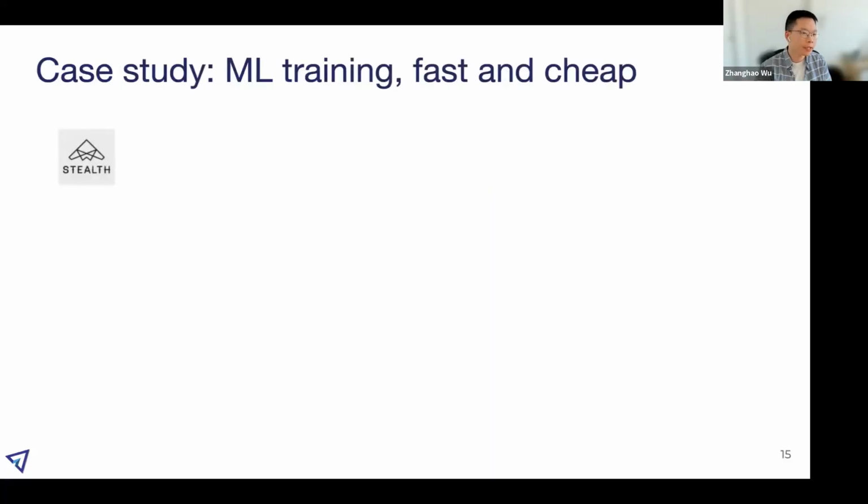To have a better sense of how SkyPilot got the traction and why it is helpful to users, let's take a deeper look at some cases we have seen. Here is a stealth ML startup which originally ran their ML training jobs in their on-premise data center, which has 4 nodes in total.